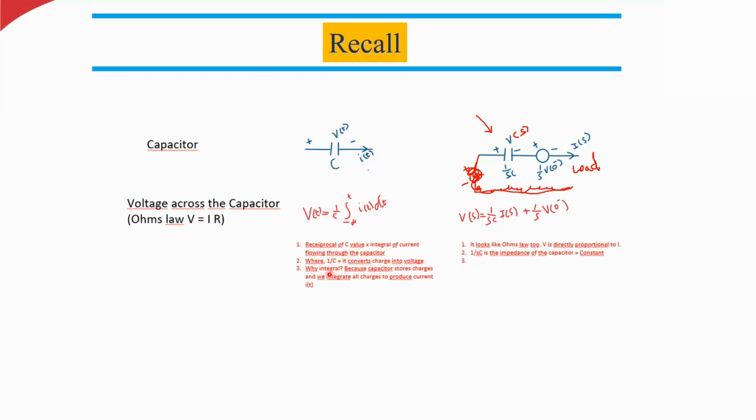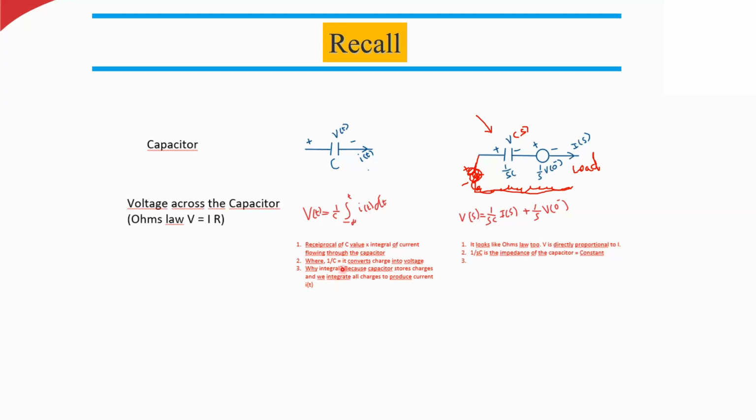So why are we using the integral? I already mentioned that just before. Because the capacitor stores charges Q and we integrate all the charges to produce the current I of t. Remember the keyword here: integrate. So how are we integrating? We have to use the equivalent mathematical operator for integration to integrate all the charges.